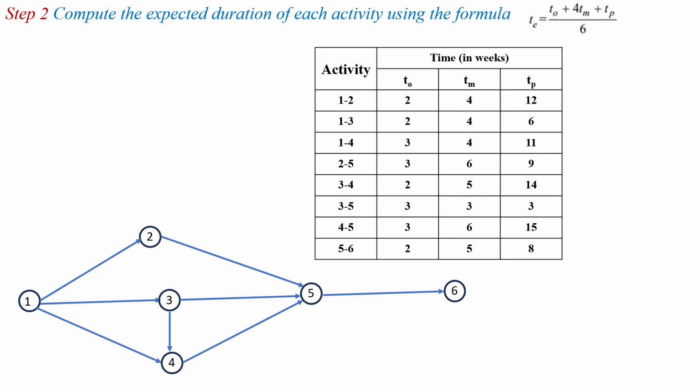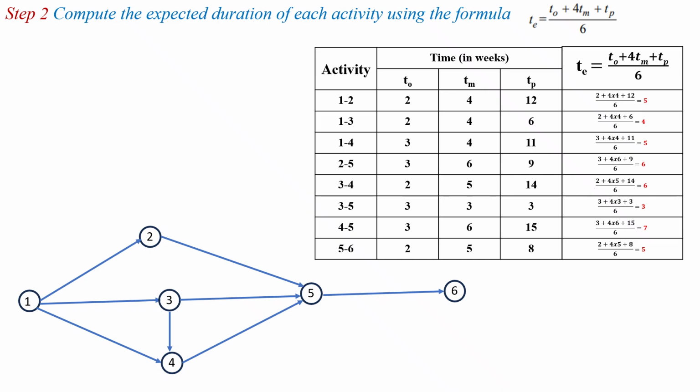So for the activity 1 to 2, expected time TE equal to To 2 plus 4Tm, 4 into 4, plus Tp 12 divided by 6, which is equal to 5. Similarly for the activity 1 to 3, 2 plus 4 into 4 plus 6 divided by 6, which is equal to 4.